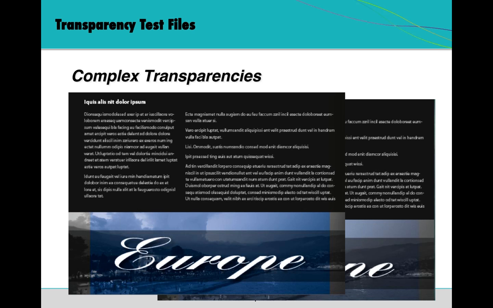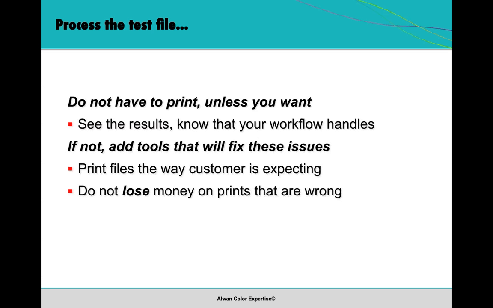Now, with these files, we have instructions on how to print them or run them through your workflow and what to look for in case of a failure or in case of a pass, so you know that you're safe and your workflow is robust. So with these files, it's very easy to do a self-audit on your workflow, and you won't be losing money on prints that are wrong anymore.